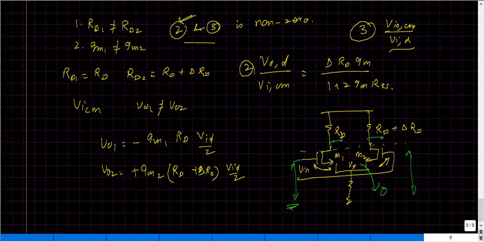So now what we really want to measure is the common mode output. Clearly, the common mode VOCM is defined as the summation of these two terms divided by 2. Now it becomes pretty clear that when we add these two terms, the RDs get cancelled out, and I would get something that is del RD times VID by 2 times GM1,2.